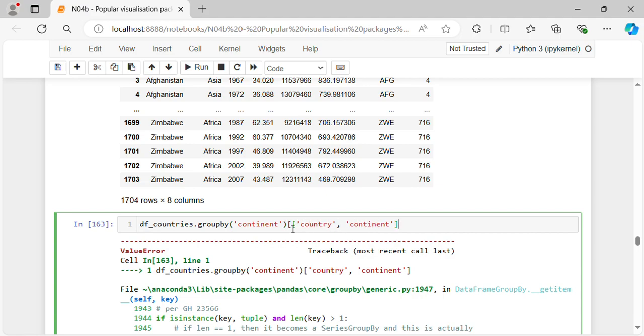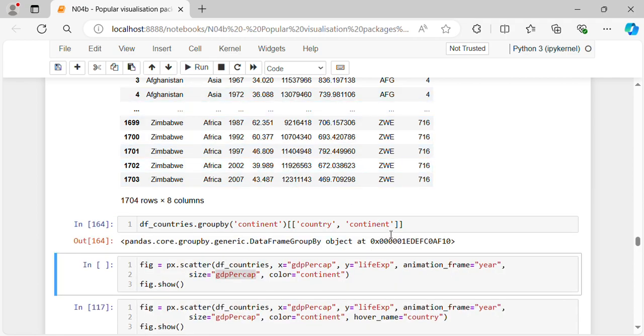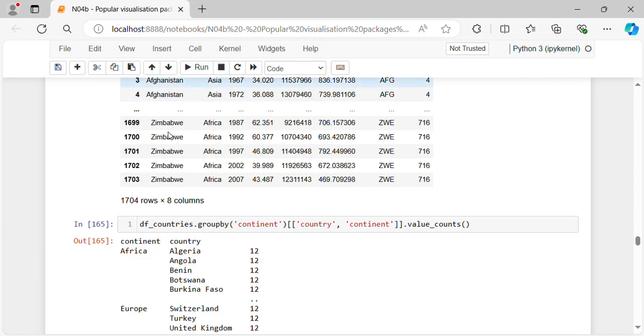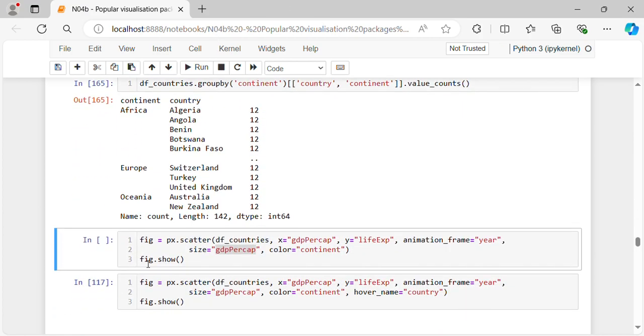Double square bracket. So we can see for the continent Africa, we have countries, 5 countries, and the count is 12 for each of them.